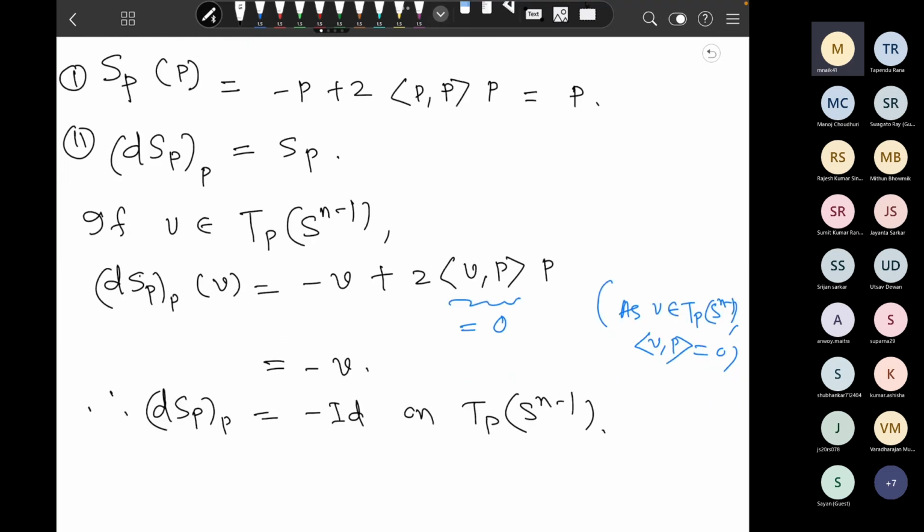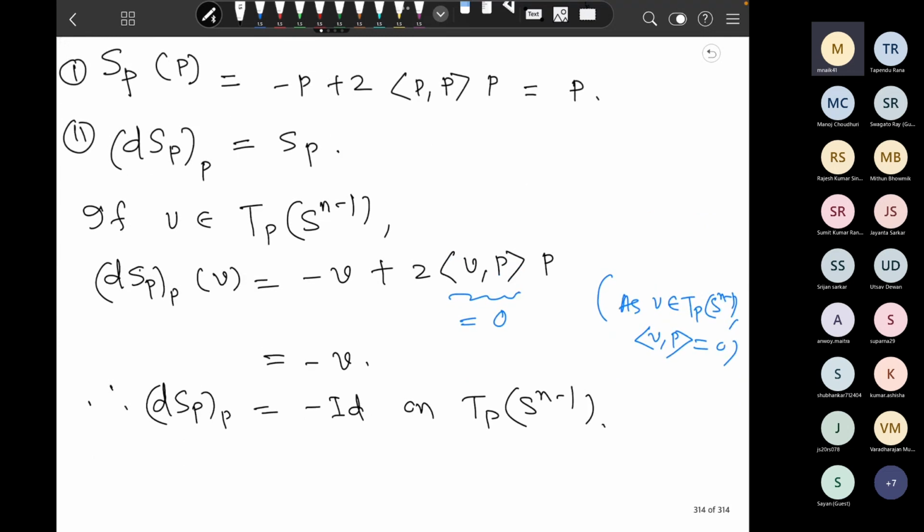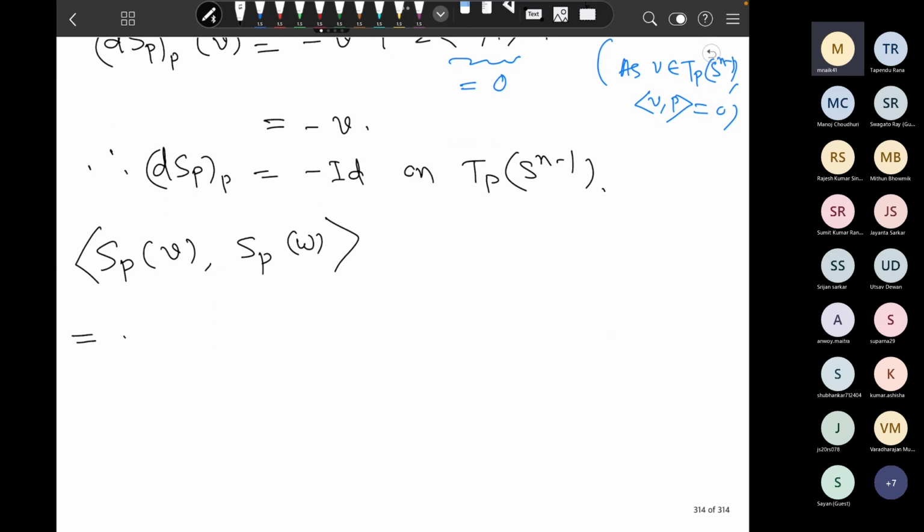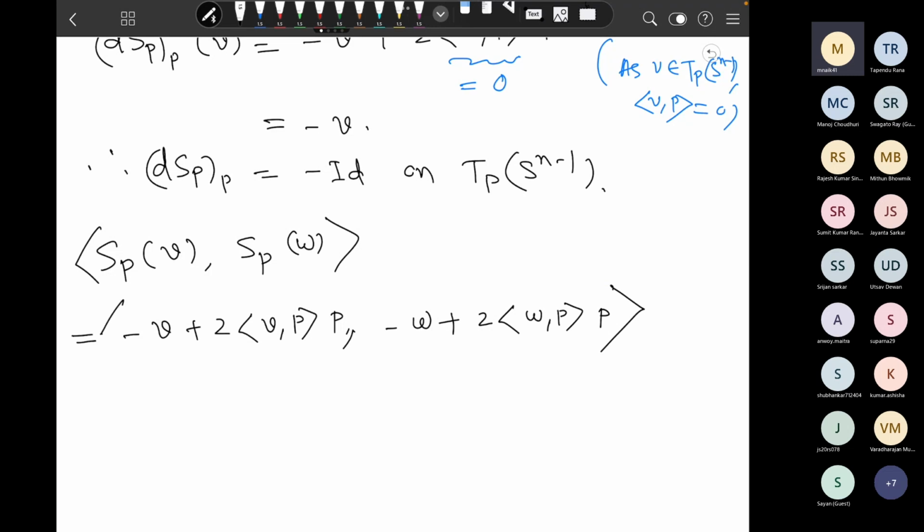Okay, so this is the thing now. I have to show that S_P is an isometry. So for that, take S_P(v) and S_P(w). That is <-v + 2<v,p>p, -w + 2<w,p>p>, which is really <v,w>.